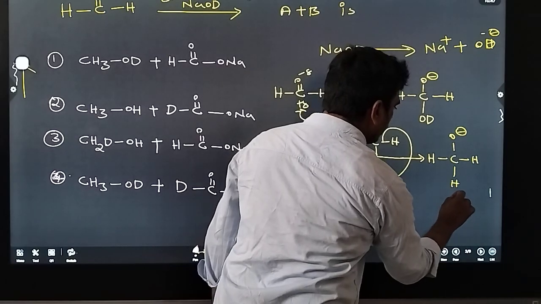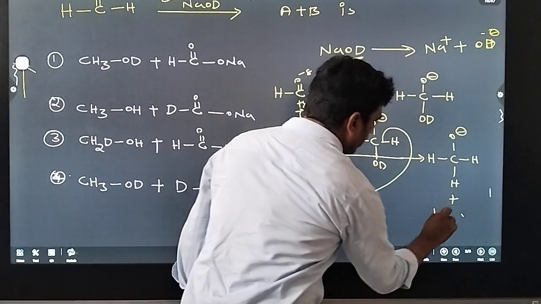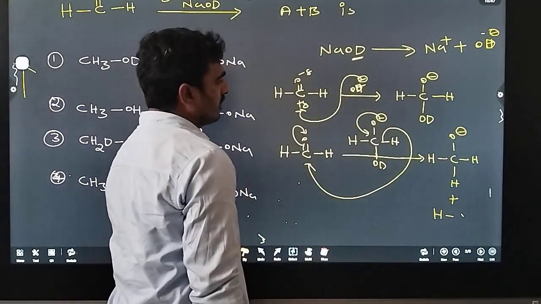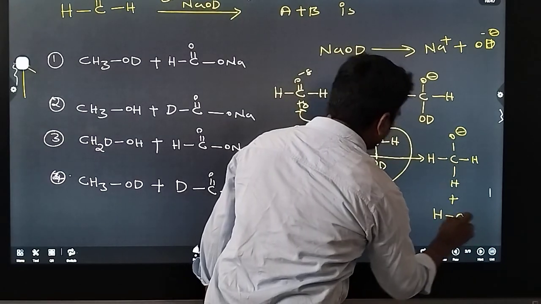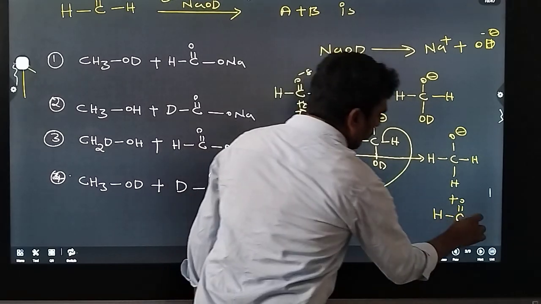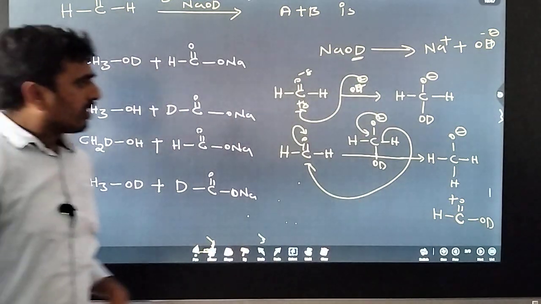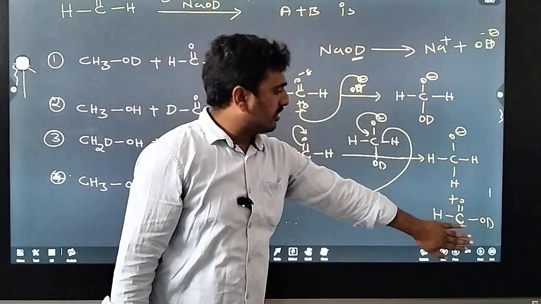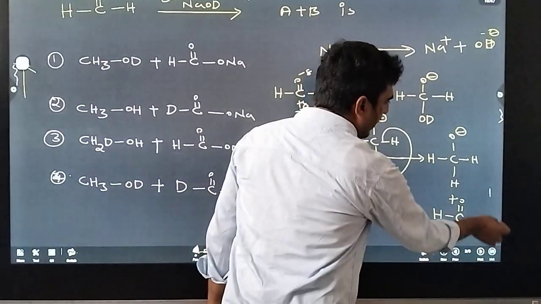So we can get another part: hydrogen, then this carbon has C double bond O, then OD. Here this is the conjugate base of methanol. This is the acid which provides the H plus, so that's why D attacks here.